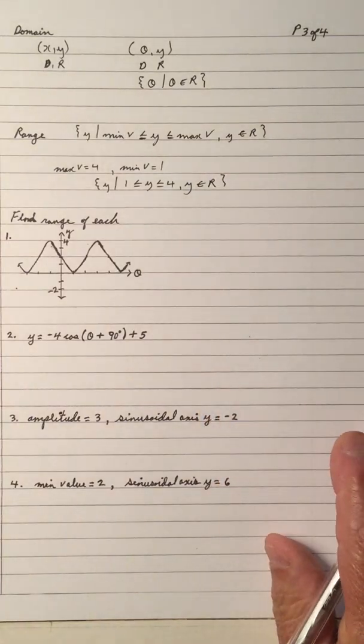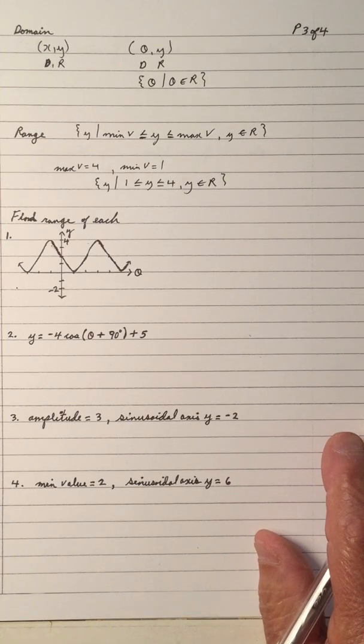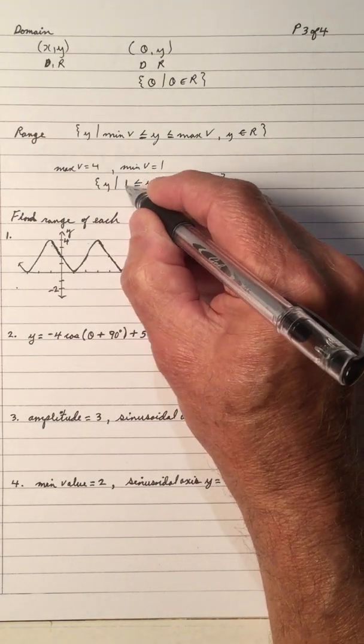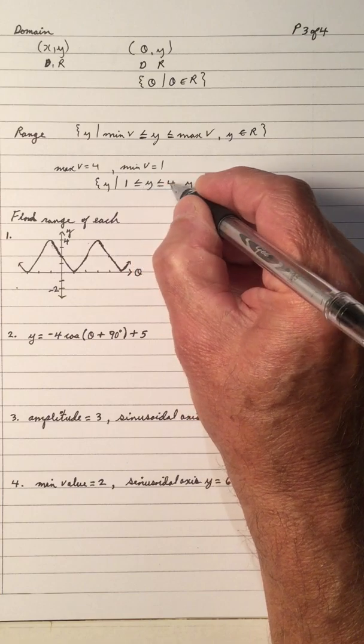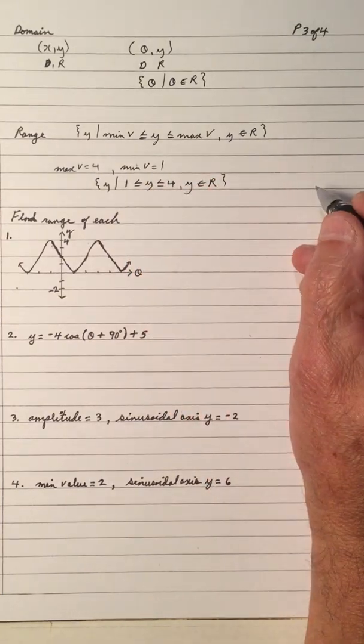So the range is the y values between, including the minimum and the maximum, and all numbers between the minimum and maximum. So I always start off by doing the minimum first, less than. So 1 is less than 4, and with the equal sign.